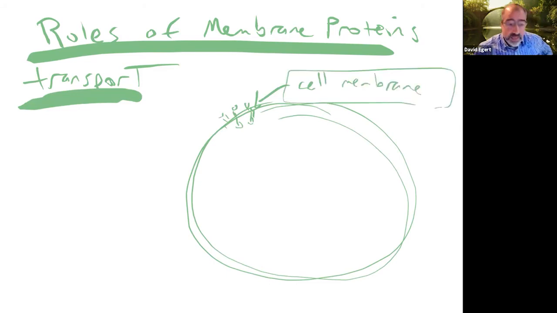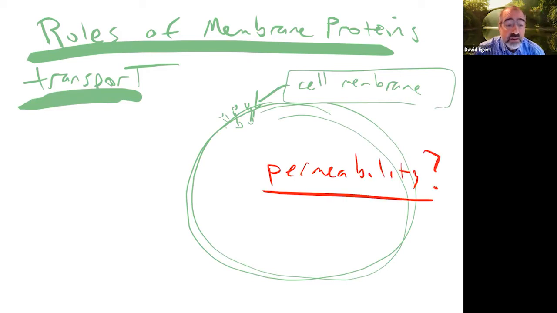Without any help, if there were no membrane proteins or anything, if I'm just thinking about the permeability of a cell membrane, what do we know about what can cross, what can't cross without any other things coming into the picture? Non-polar can enter the cell. So non-polar, yes. Things that are non-polar don't need any help at all.